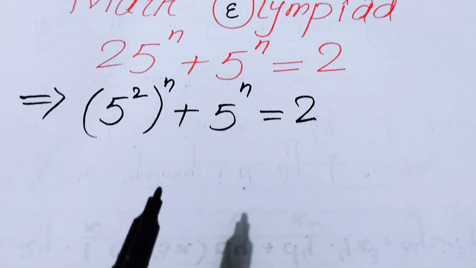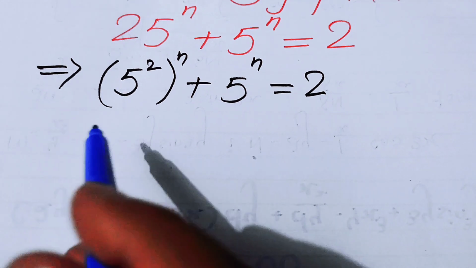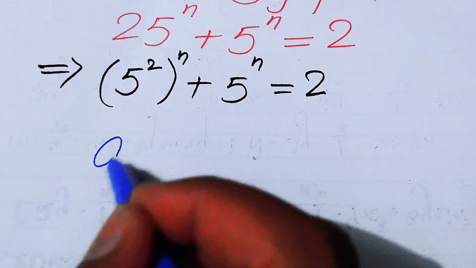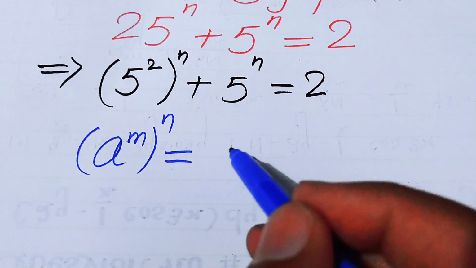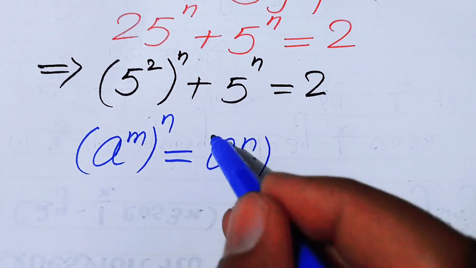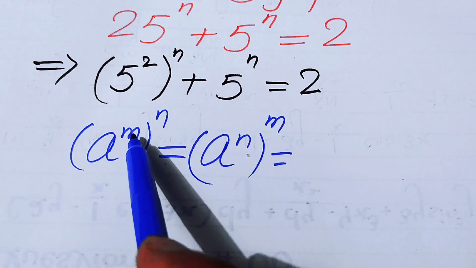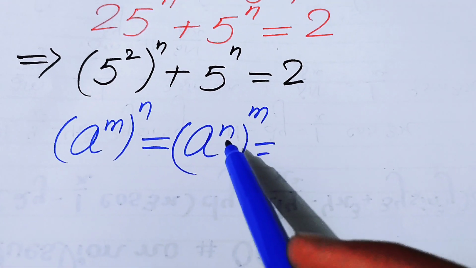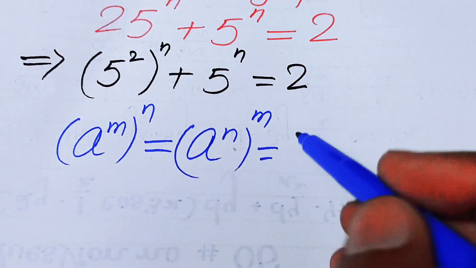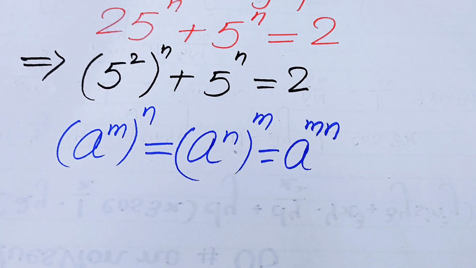And now we will use an important exponential law. You know this law: if we have a to the power of m to the power of n, it is equal to a to the power of n to the power of m. This means that if you interchange these two exponents, it should not affect the final answer, and it gives a to the power of m times n.